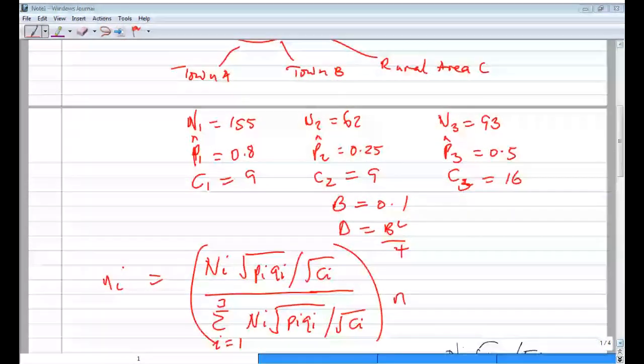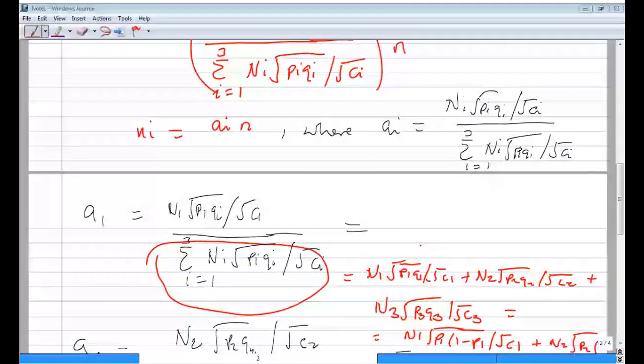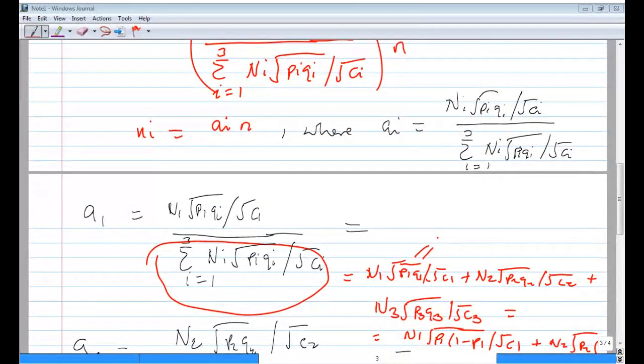Let's go back and do it like this. Tell me, what did you get here? N1 times the square root of P1 Q1 divided by square root of C1. Just round it to 3 decimal places. 20.667, yes, it's what I got. Let me just write it down. 20.667, that's number one.